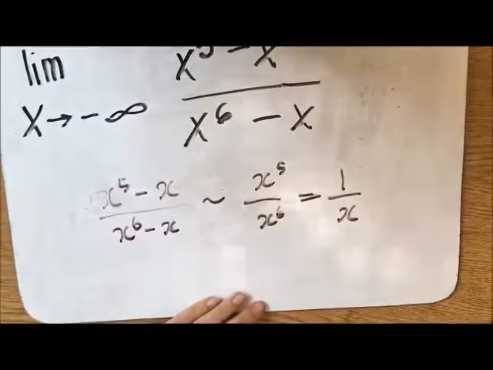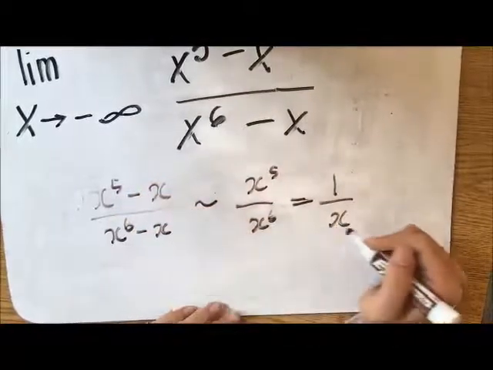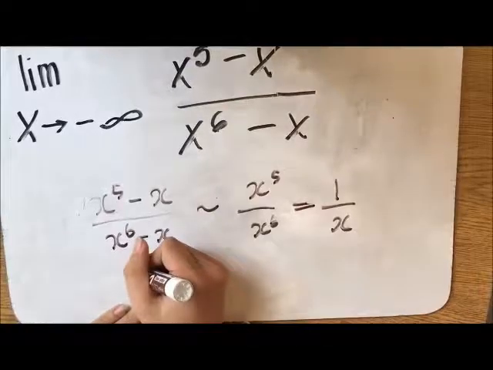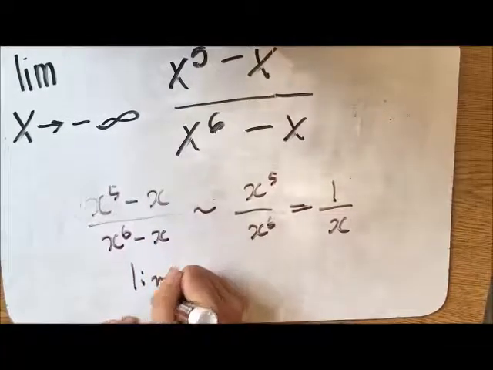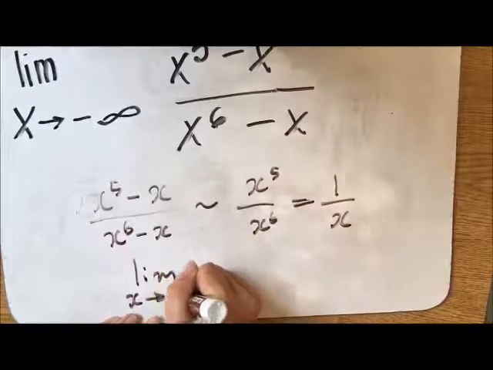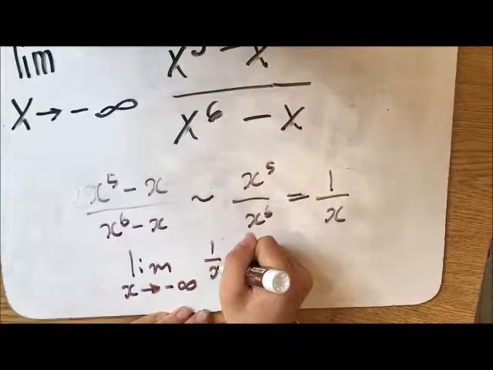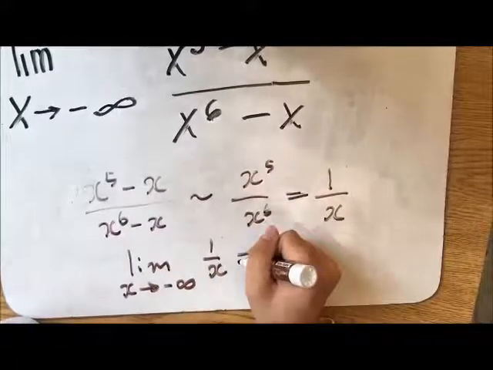And the limit of this is the same as the limit of that, which is then equal to 0.